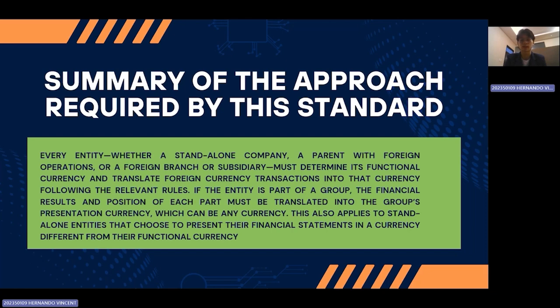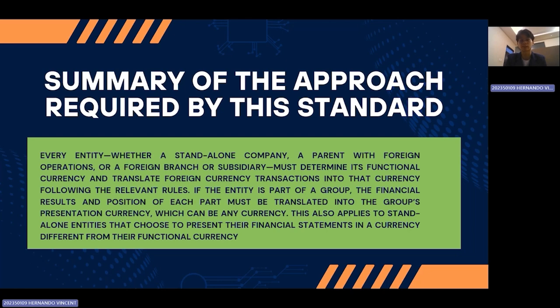Once this currency is determined, all transactions in foreign currencies must be translated into the functional currency using specific exchange rates, depending on when the transaction occurs and whether it involves monetary or non-monetary items. Now, if the entity is part of a large corporate group, its financial results and financial position must then be translated into the group's presentation currency.